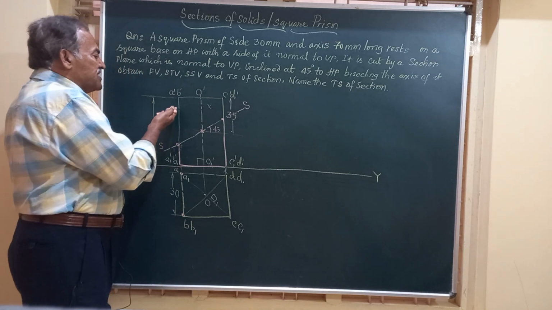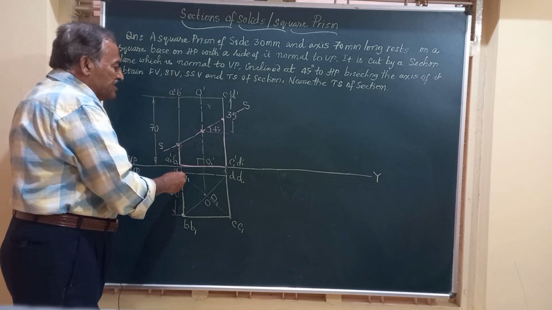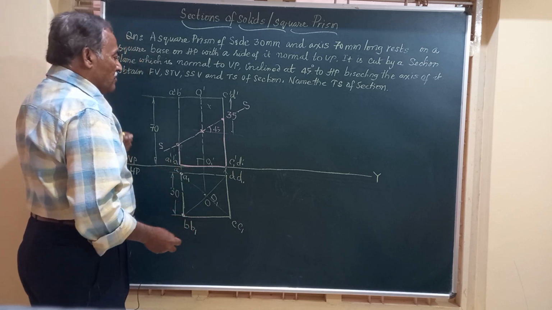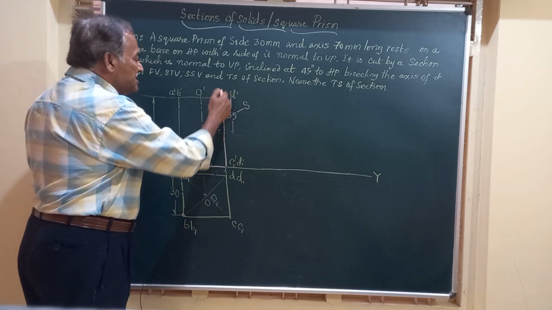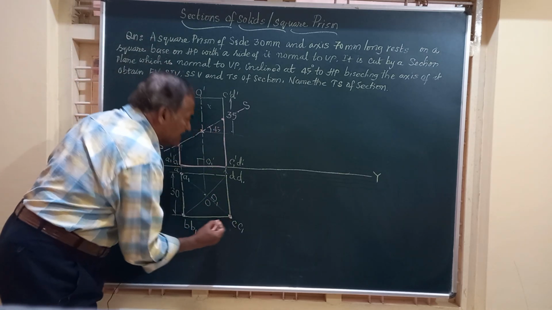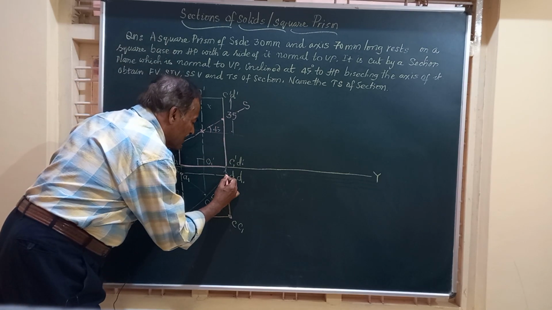Whether it's cutting here or here or here, anywhere, both the edges are cut and you get the corresponding position in the top view. Similarly, friends, CC is cut here. So CC is here. This is the point in the top view. DD is also cut here. So I mark this.